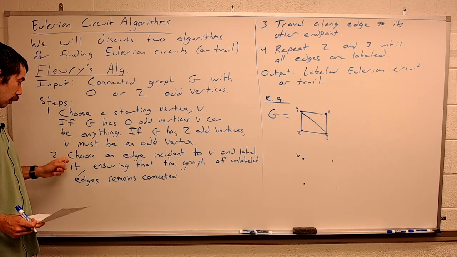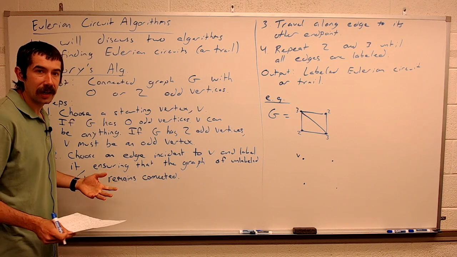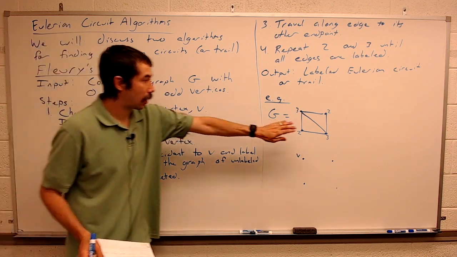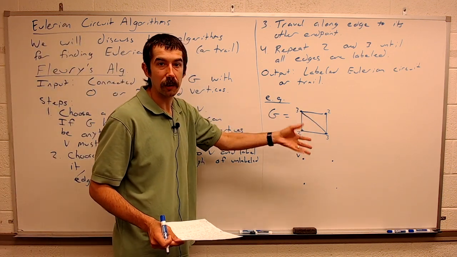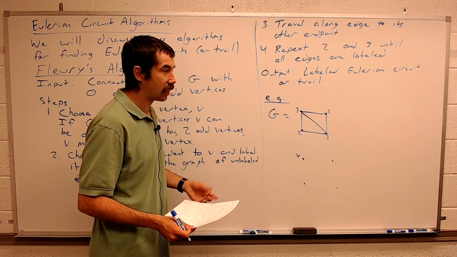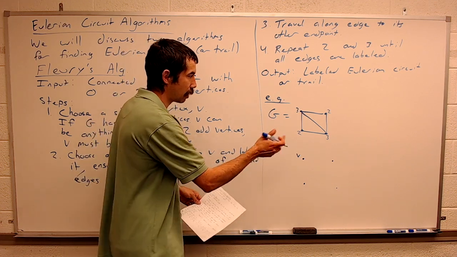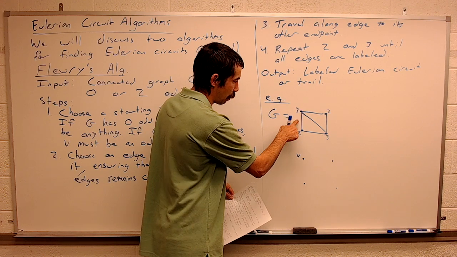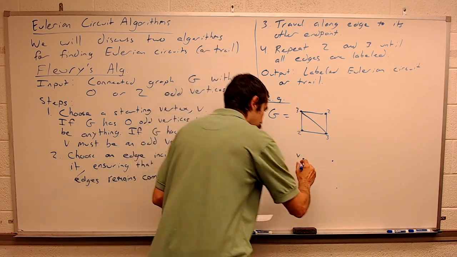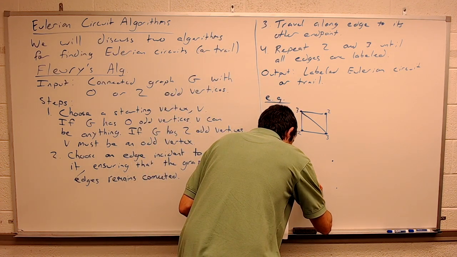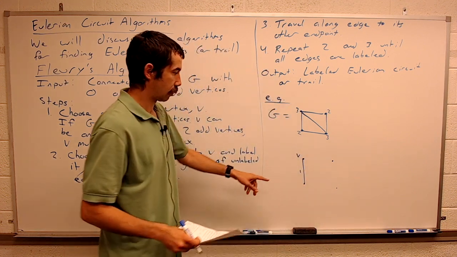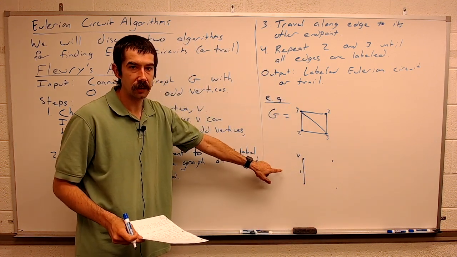We need to choose an edge out of V, and we just have to make sure once we label it, the unlabeled graph stays connected. Okay, so in this case, there's really no danger. We could pick any of them. So maybe we'll pick this to be our first edge.